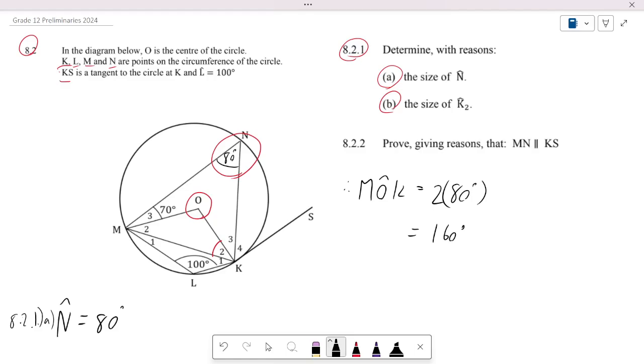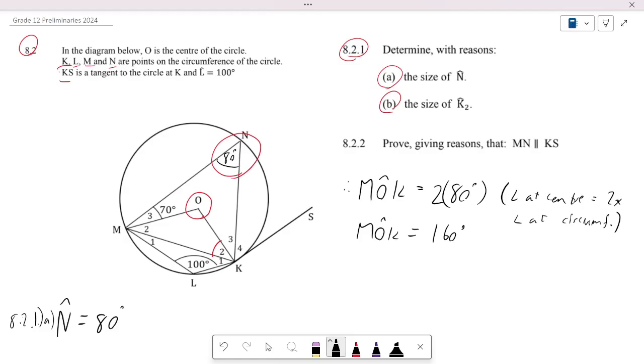The reason is: angle at center is equal to 2 times the angle at circumference. So that is our angle MOK.